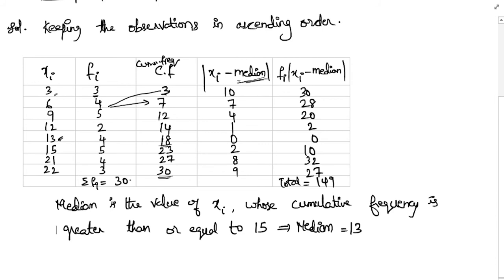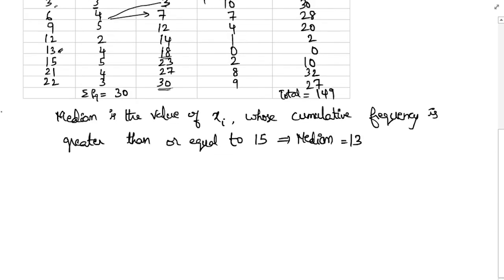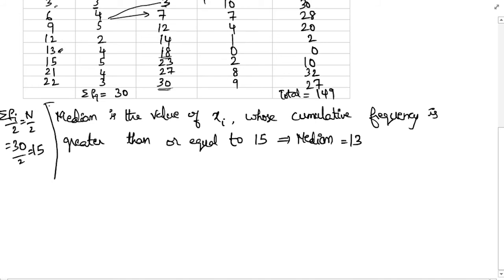I'll also write sigma fi by 2, which is n by 2, that is 30 by 2, that is 15. We actually have a formula for finding the median. Before finding the median, please find this first, and then we'll find the median.